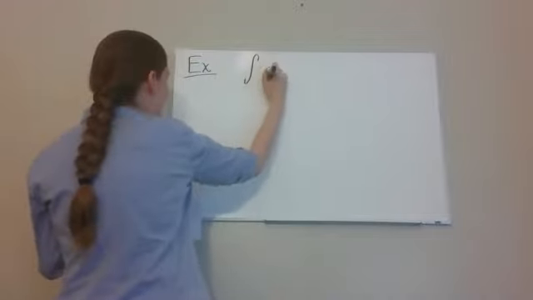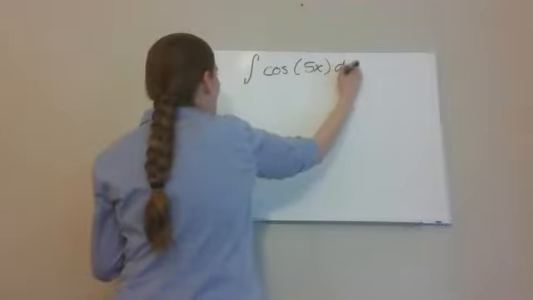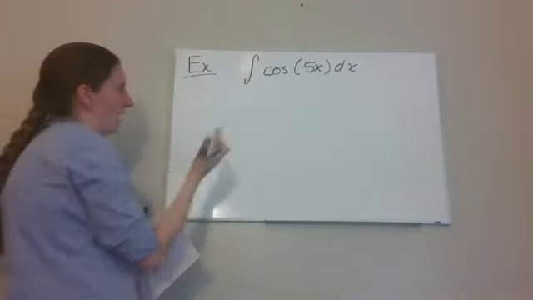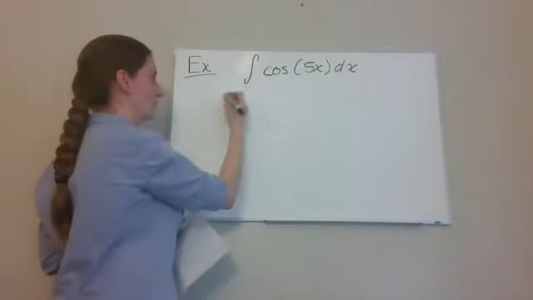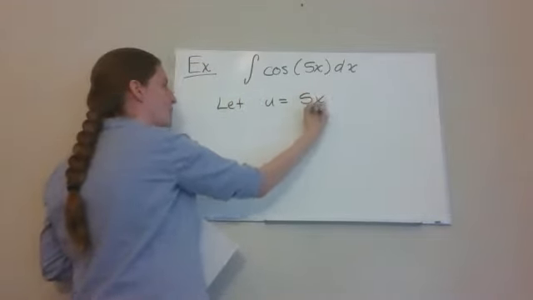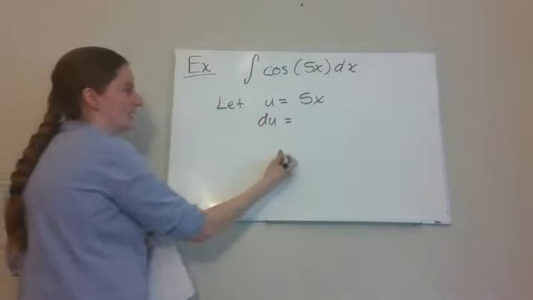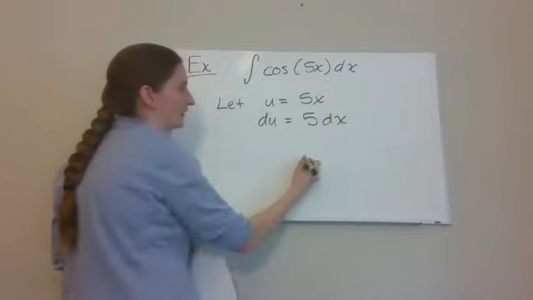The indefinite integral of cosine of 5x dx. Now, I have a cosine that has more than just an x in it, so I'm going to use u equals the stuff inside of my cosine function. Taking the derivative, I get du is equal to 5 dx.